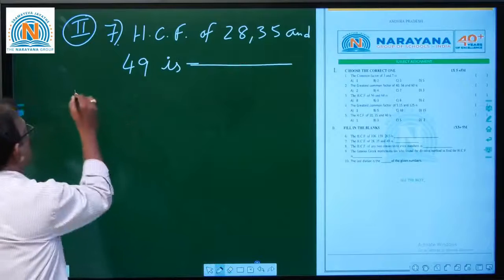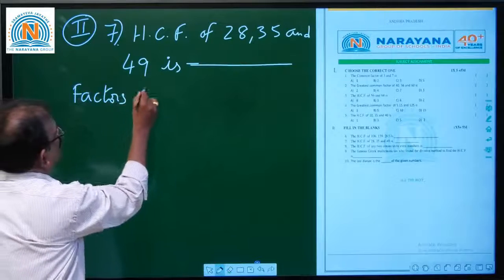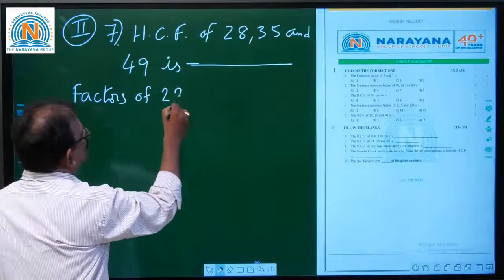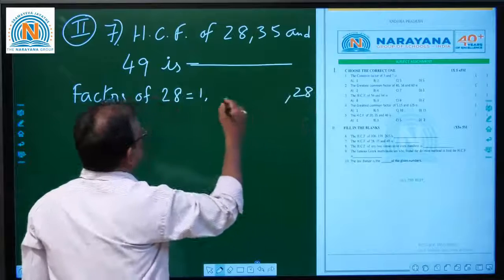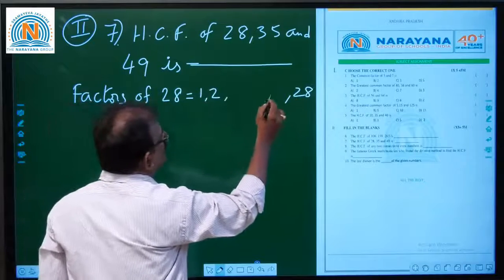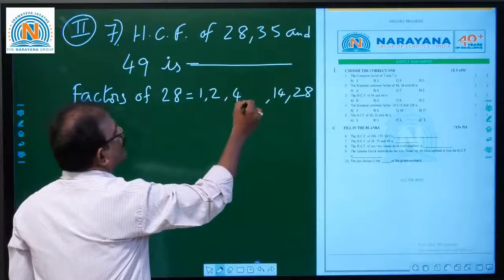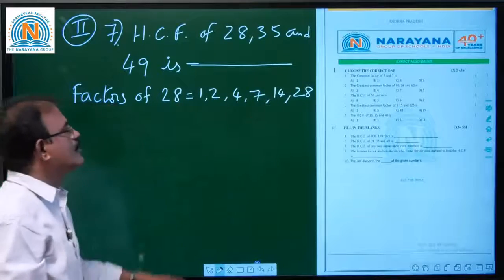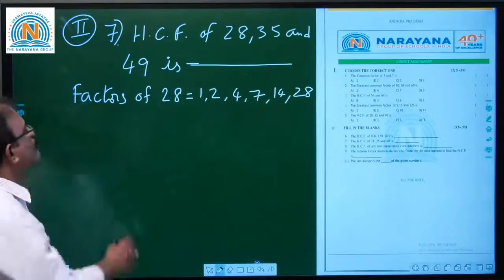See, for example, what are the factors of 28? 1 28s, 2 14s, 4 7s are 28. These are the factors of 28.